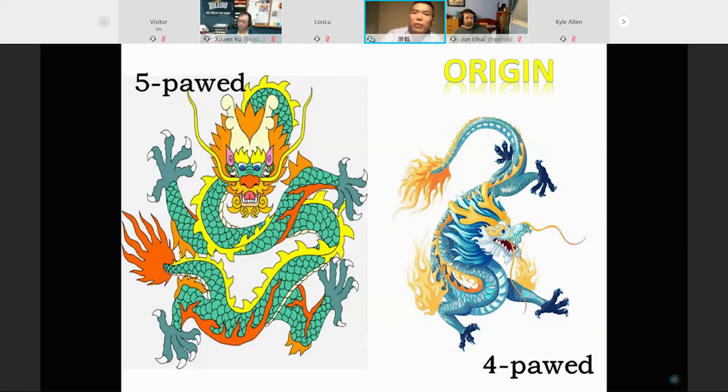From the very beginning of ancient Chinese times, maybe the first kingdom, and the five claw, when we say claw, maybe we say it's just like human fingers, five fingers. You can see the five-pawed dragon has five fingers like us.